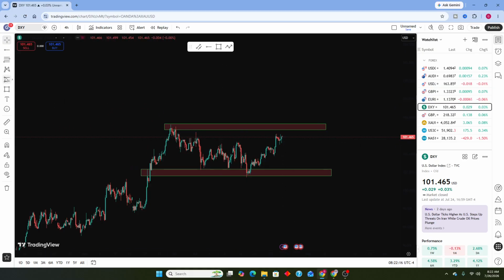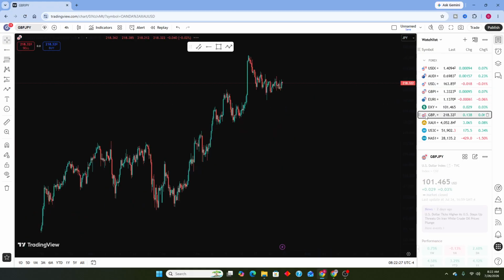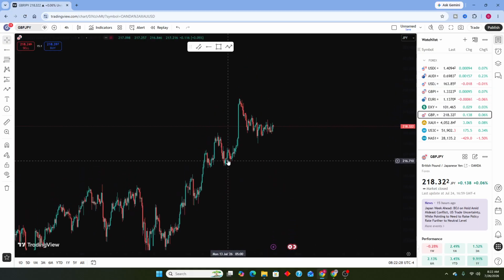Break above and a retest is all we need. Aggressive push here. This one's easy. You can start here.